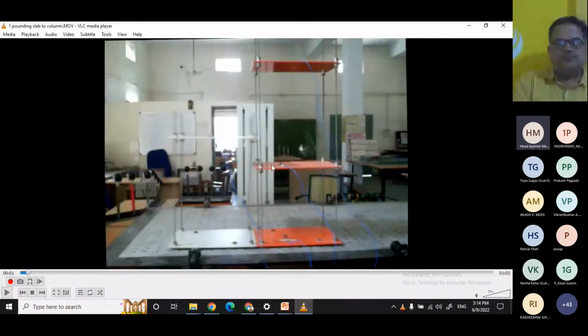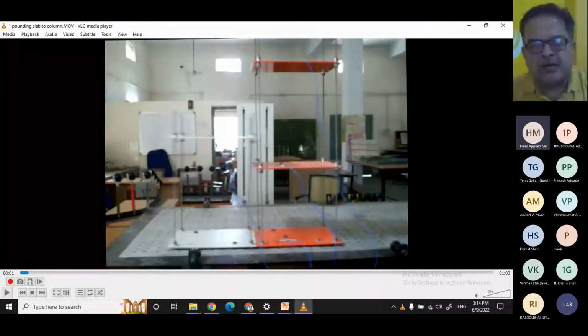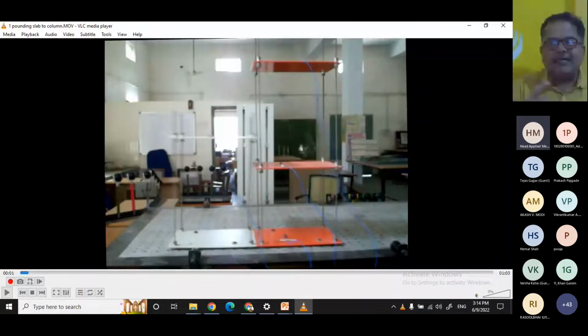Now again, you can see that this is a two-story building, and the white one is a single-story building, right? So the frequency of both structures is different. If the frequency of both structures were the same, then they would vibrate in a single direction when the harmonic motion is applied. But here the frequency of both the buildings is different, and generally when we construct in a real sense, the frequency of both the structures is different.